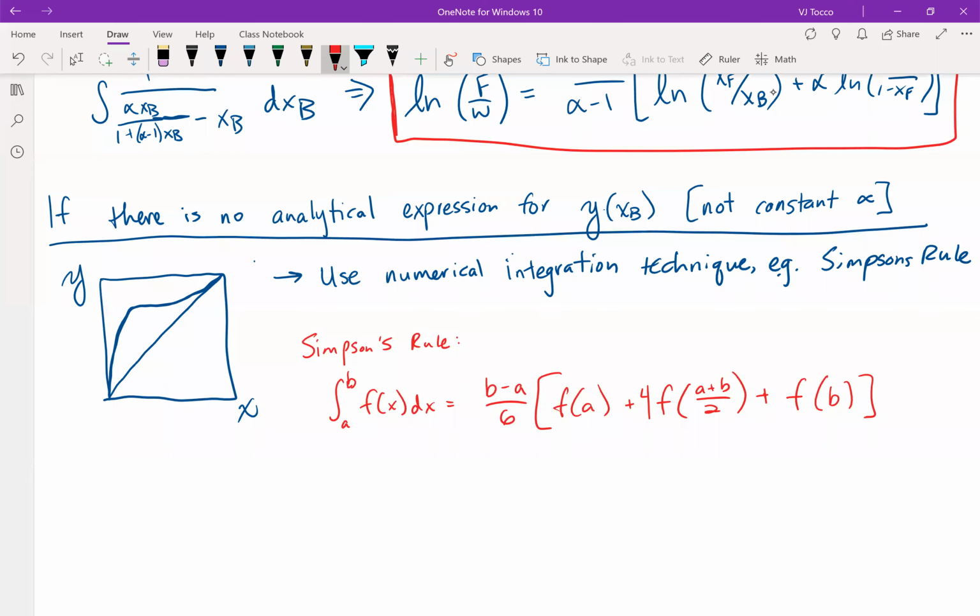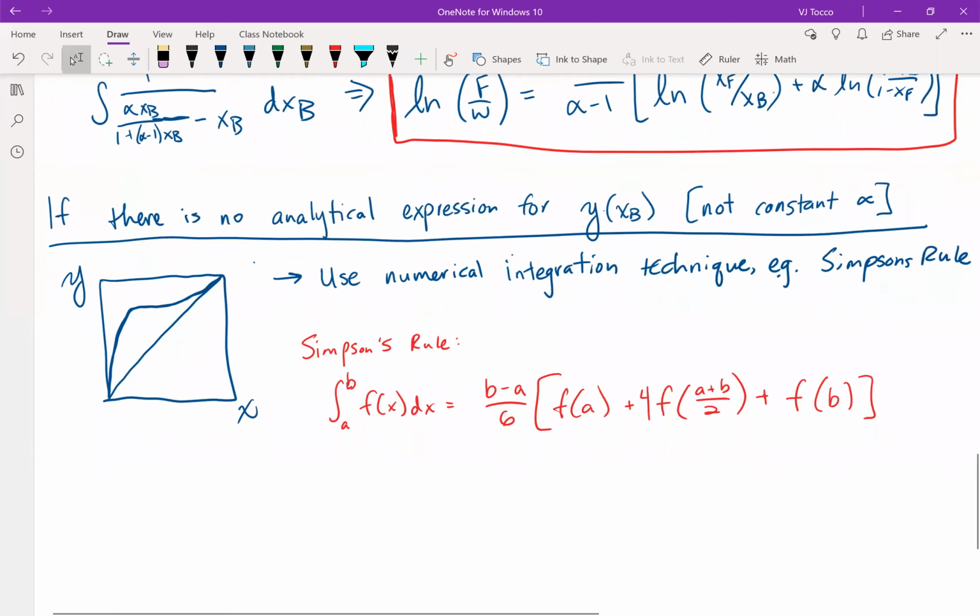In the general sense, this is what Simpson's rule says: the definite integral of some function f of x dx over an interval from a to b is equal to the range b minus a of the independent variable over 6, times the quantity of the value of the function at the one endpoint, plus 4 times the value of the function at the midpoint, plus the value of the function at the other endpoint.